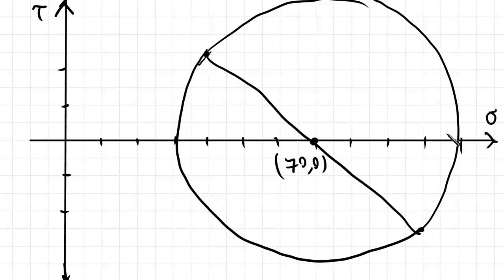So reading off the chart, we can determine that the principal stresses sigma 1 and sigma 3 work out to be roughly 109 and 31. Now we're also interested in determining what the principal plane is.